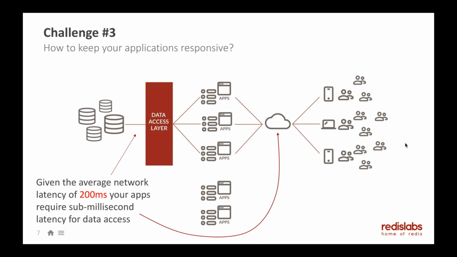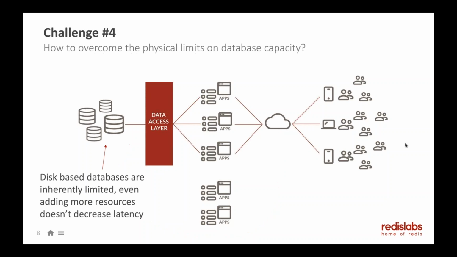The problem here is, out of those 200 milliseconds, most of the time is gone in network latency. So for the app and for data access, you are under pressure to deliver all the data with sub-millisecond latency. So how do you do that? That is challenge number three.